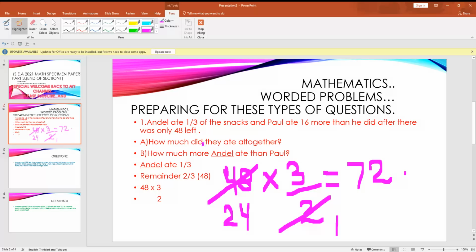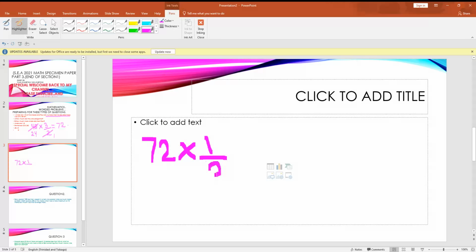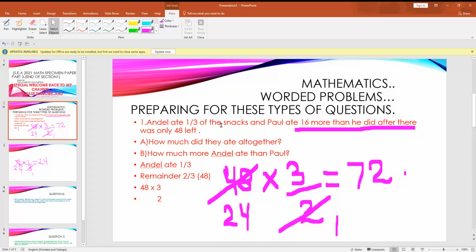But Andel ate one third and Paul ate 16 more than he did. So we have to find one third of this. We're gonna go into a new slide and say 72 multiplied by one third. 3 into 7 is 2, 2 3s are 6, and 1 makes 12, and the answer is 24, which is one third of the number here.